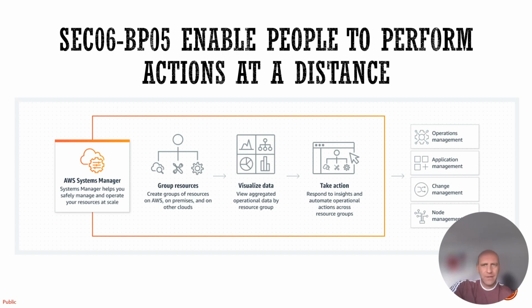Run command is offered at no additional cost, so you can use it with no cost. Administrators can use run command to install or bootstrap applications, build a deployment pipeline, capture log files when an instance is removed from an auto-scaling group, join instances to a Windows domain, and many, many more useful applications.